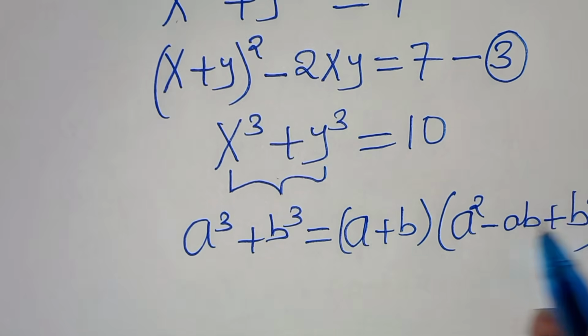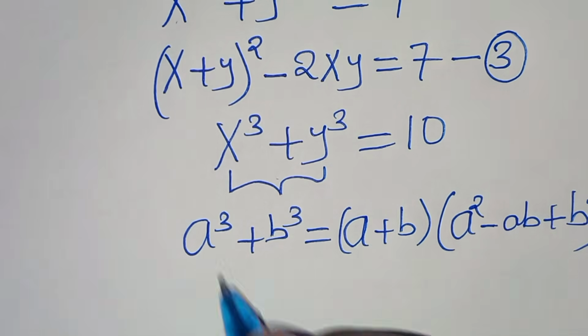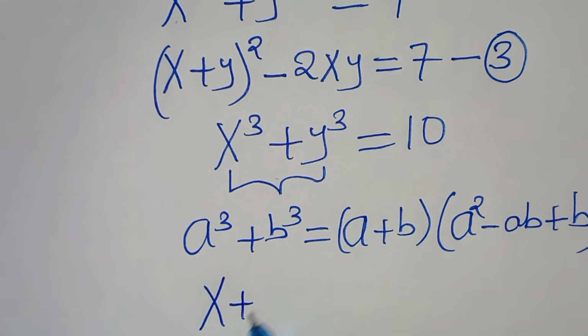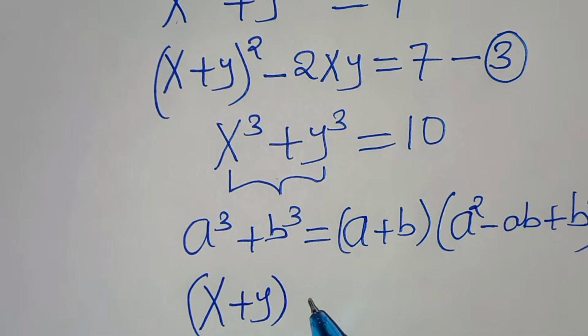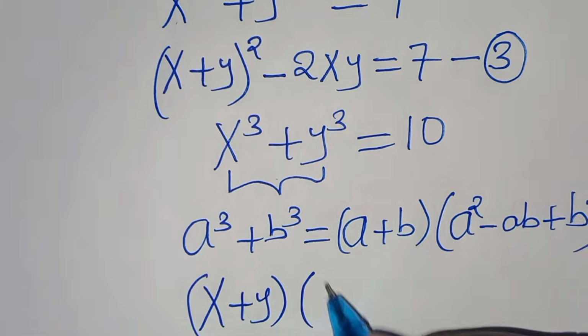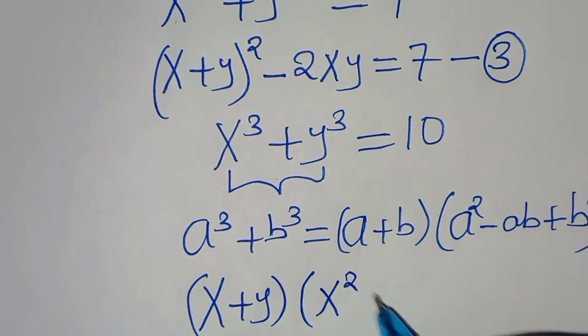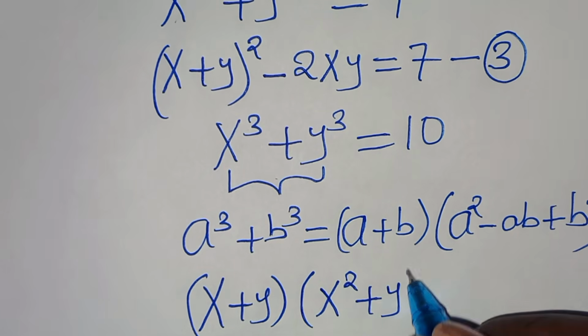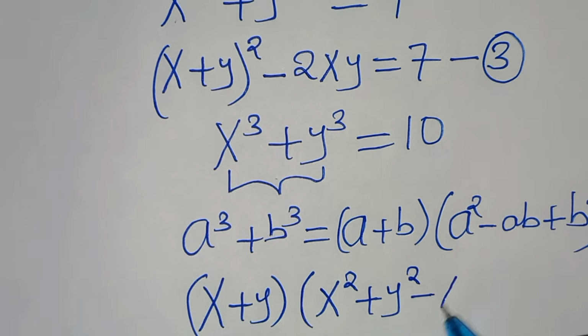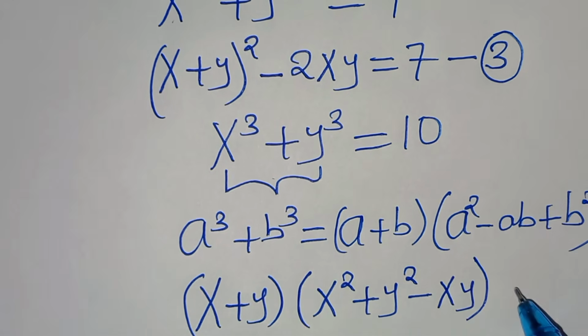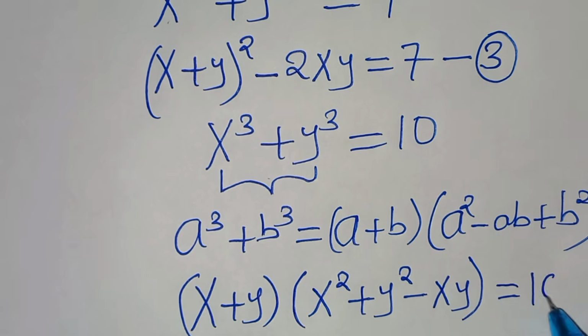Applying this identity, we can express this as x plus y into the parentheses x to the power of 2 plus y to the power of 2 minus xy. This is equal to 10.